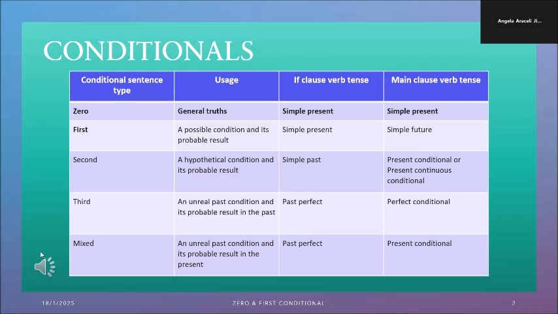It is formed by the if clause in past perfect and the main clause in perfect conditional. Mixed conditional. It refers to an unreal past condition and its probable result in the present. It is formed by the if clause in past perfect and the main clause in present conditional.